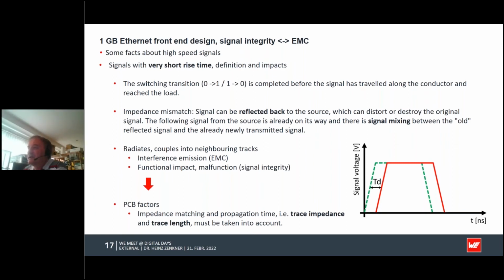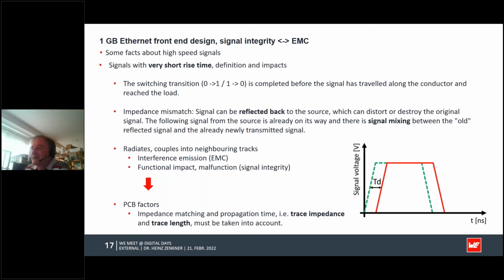So the signal is reflected back and mixes up with the other signal, which is still on the way. So the old signal and the new signal may be mixed up, and this for sure causes, in the best case, only some transmission problems. In the worst case, it doesn't work at all.